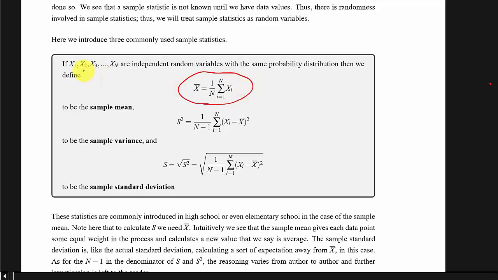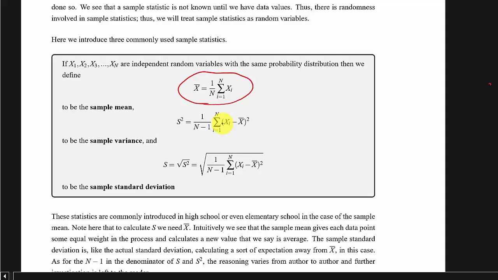So that's real simple. Just sum all the x values, divide by however many there are. The sample variance, s squared, is 1 over n minus 1 times the sum of (x sub i minus x bar) squared, where i goes from 1 to n. And then, of course, the standard deviation is just the square root of the variance.